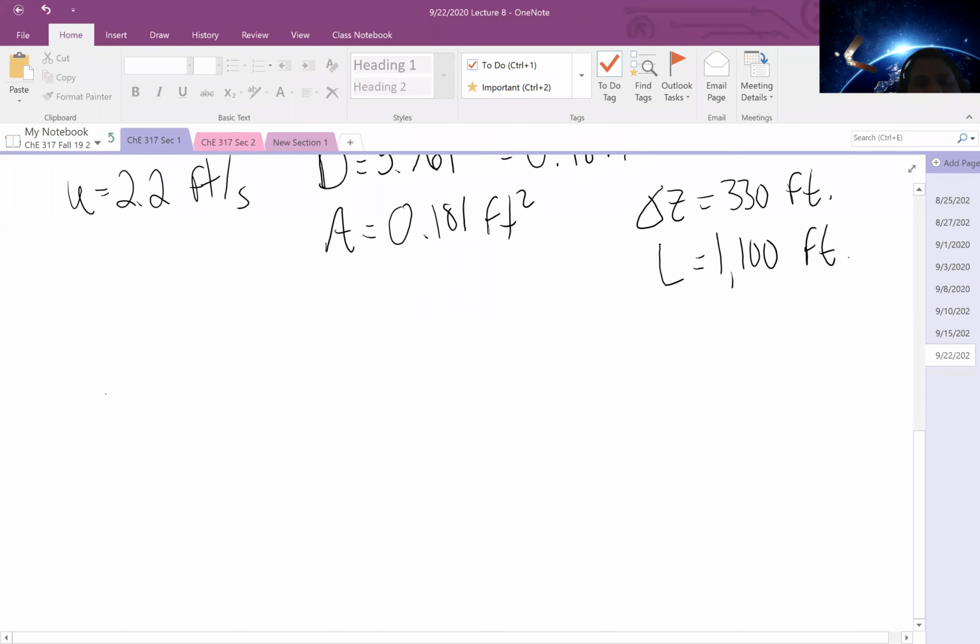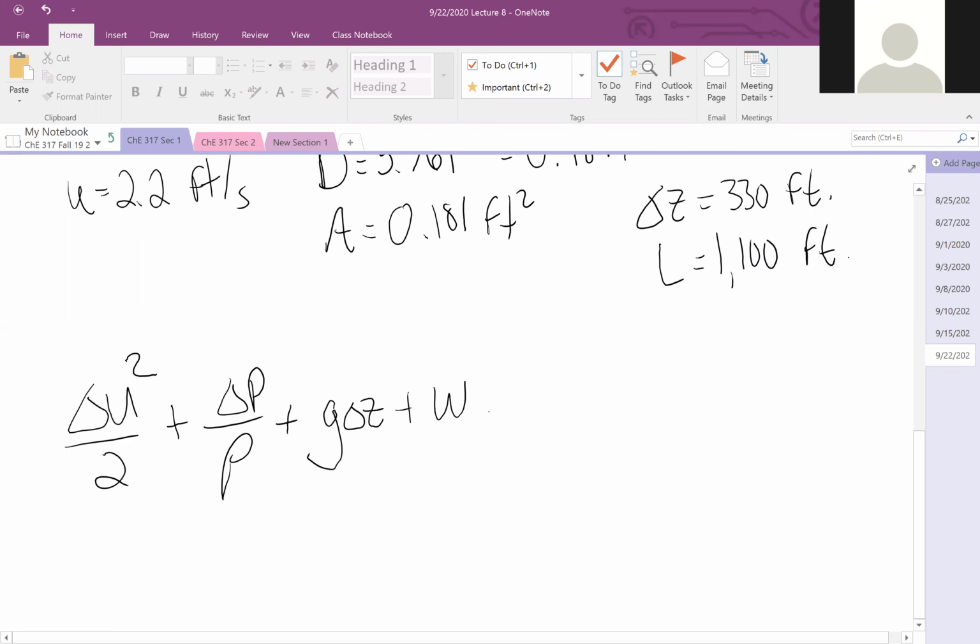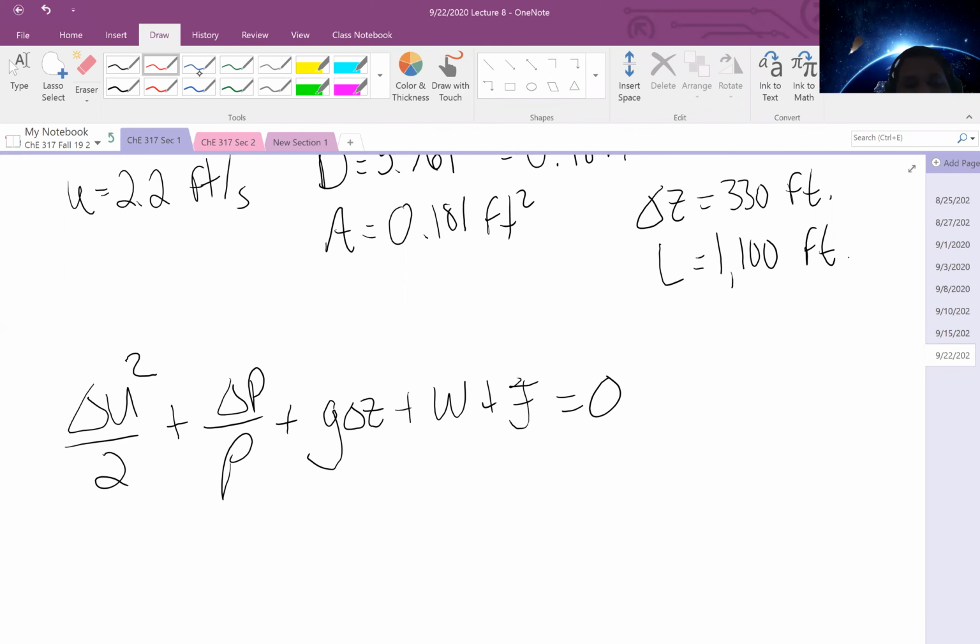So in this system, the first thing I would do is write out my mechanical energy balance. Then I can ask myself, what can we neglect? The problem statement didn't say anything in terms of net pressure gain, so I would say P1 is equal to P2. I have friction, I have work, and I'm probably going to have to consider my velocity head.